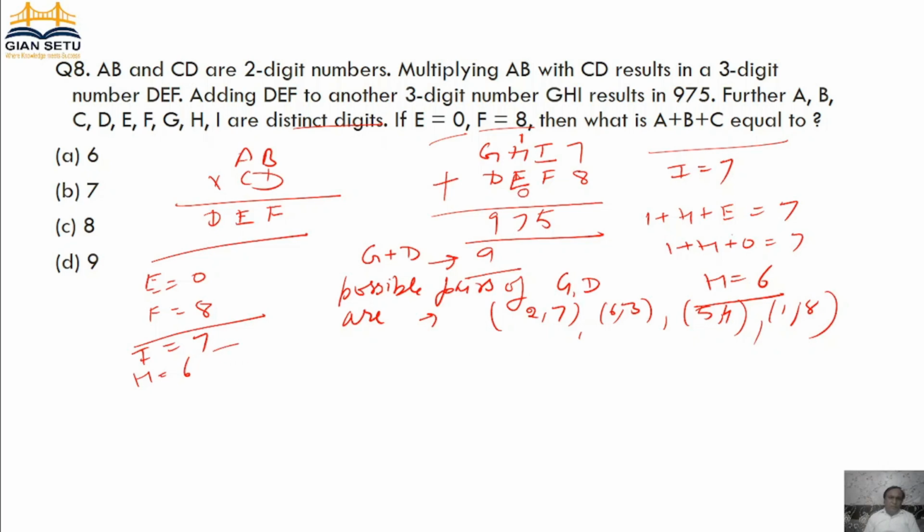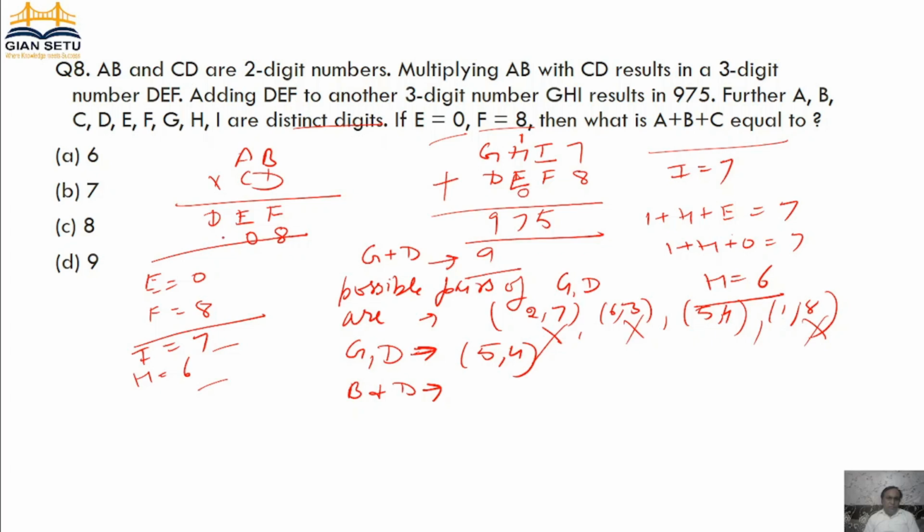Since I is equal to 7, we cannot have the first pair, and we already have H equal to 6, so we cannot have the second pair as GD. Now F is equal to 8, so we cannot have even the last pair. So the only possible pair for G and D is 5 and 4.